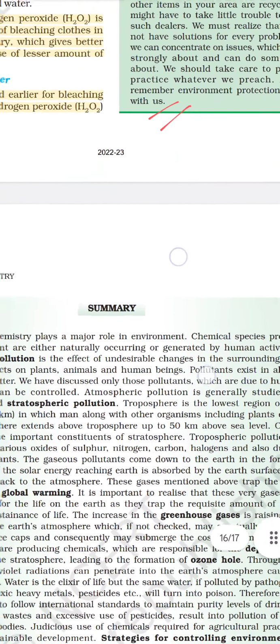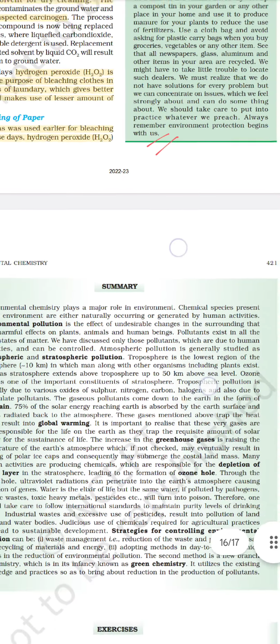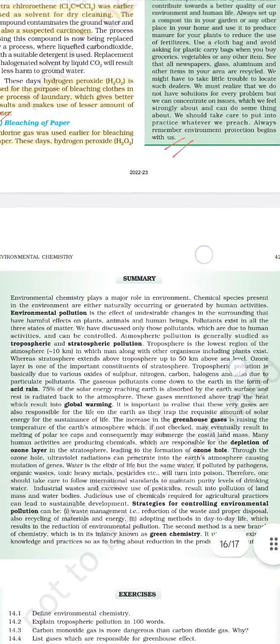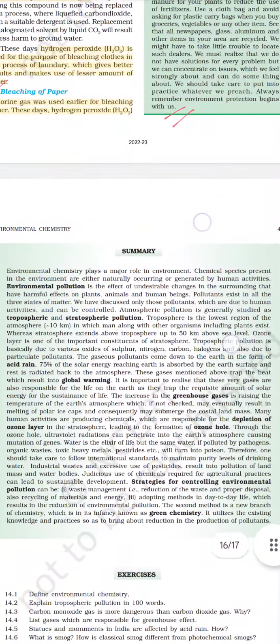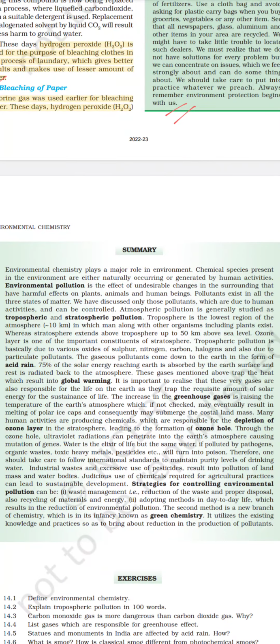Here is the summary of this chapter, environmental chemistry. It is most important. Environmental chemistry plays a major role in environment. Chemical species present in the environment are either naturally occurring or generated by human activities.